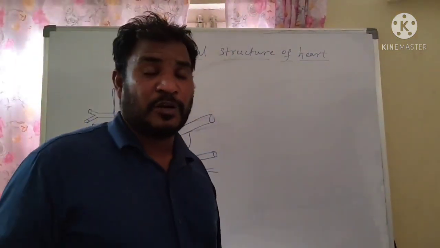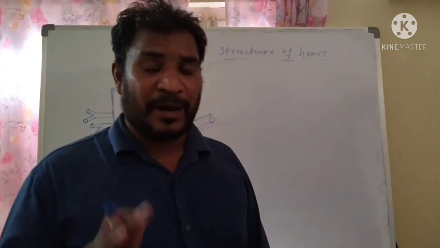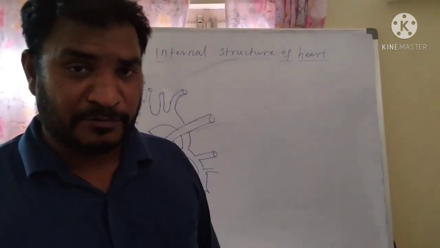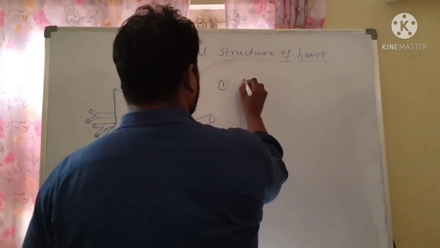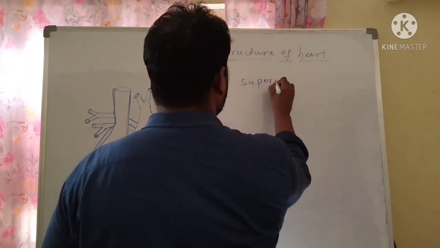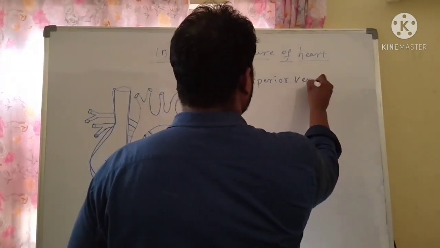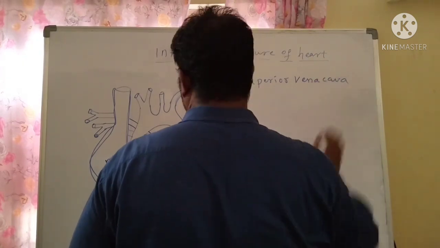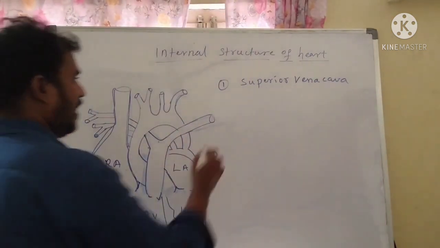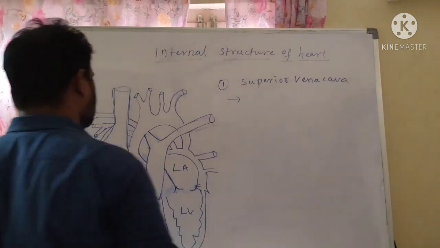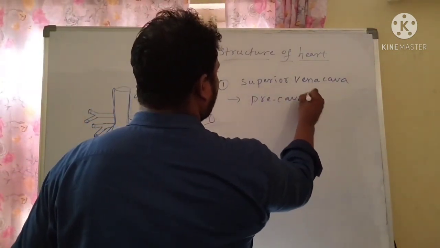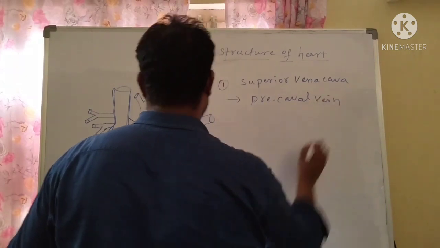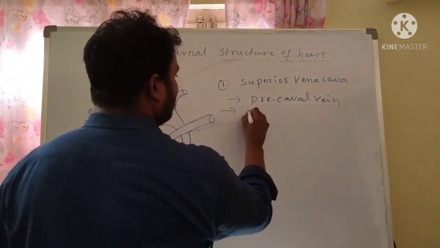Now we are going to discuss the blood vessels which bring blood from the various body parts into the heart, such as the first one, the superior vena cava. It is also known as the precaval vein, which opens into the right auricle.